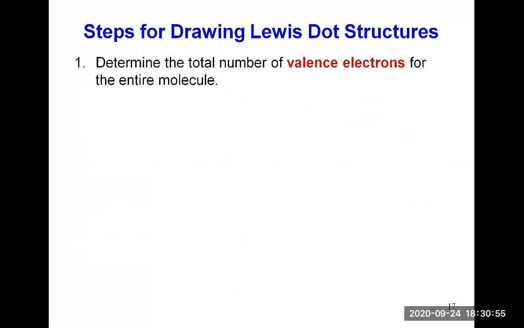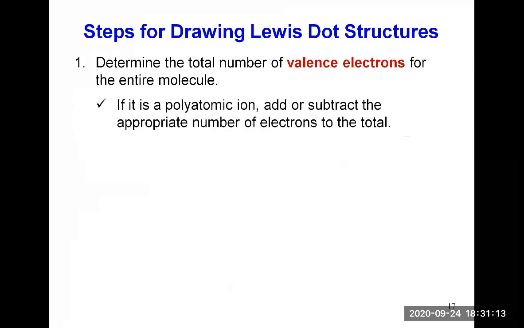Okay, so we'll go over the steps for drawing Lewis structures again, and I will add some comments. The first step when you need to draw the Lewis structure of a molecule is to determine the total number of valence electrons for the entire molecule. If you have a polyatomic ion, it is an ion overall, but the atoms are bonded by covalent bonds within the polyatomic ion. So they are strong bonds and they stay as a unit.